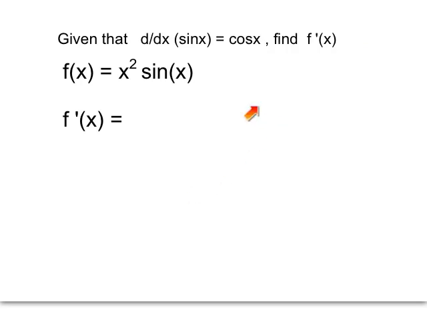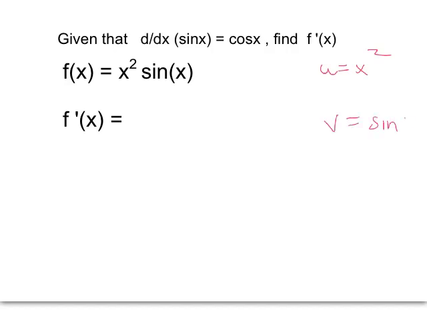We are going to find the derivative of x squared sine x, and I do give you a little information. I say, hey, by the way, the derivative of sine is cosine. We're going to learn that later in this chapter, but for right now, just take it as a given that the derivative of sine is the cosine function. So we're going to find f prime. Now, let's identify our u and our v. Our u here is going to be x squared, and our v is going to be sine x.